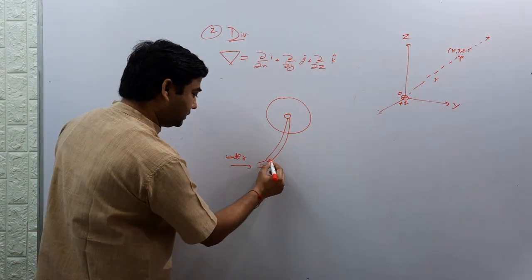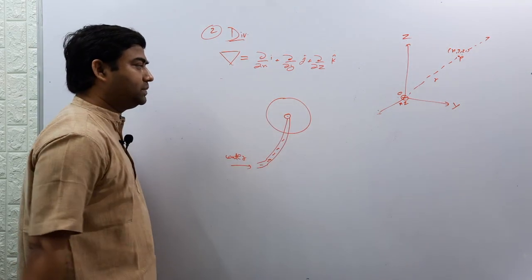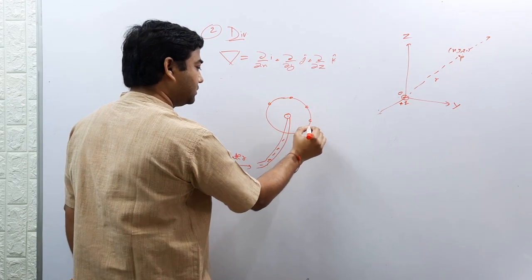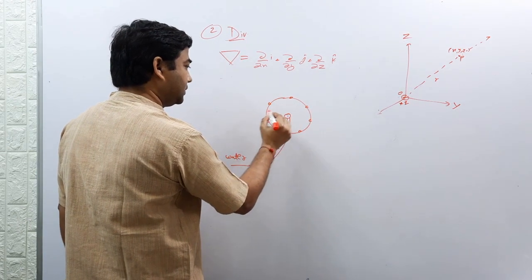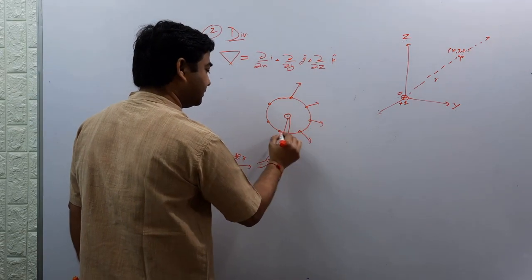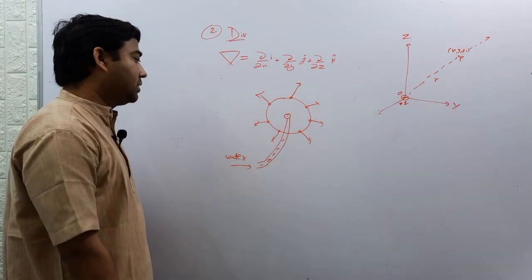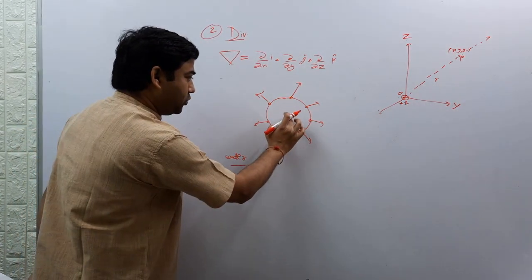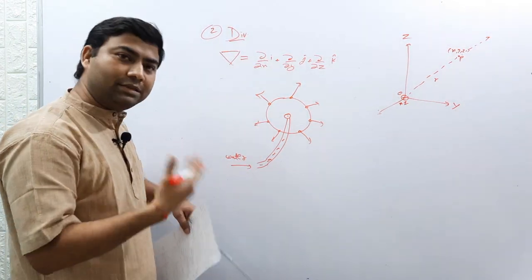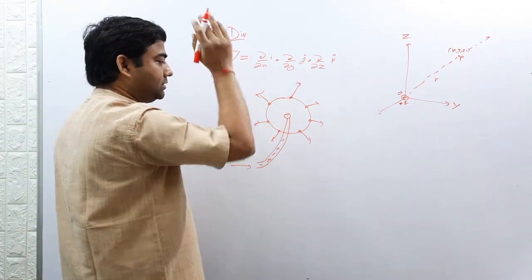This water is flowing, it comes to the center of the sphere, and in the periphery of the sphere there are holes. So water will come out like this from the sphere. You can say at this point water is diverging. That is the meaning of divergence. It is going outside.